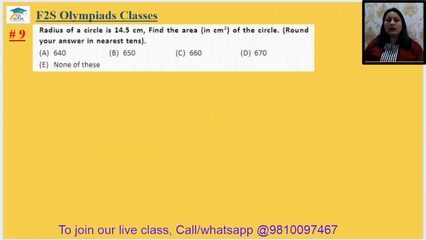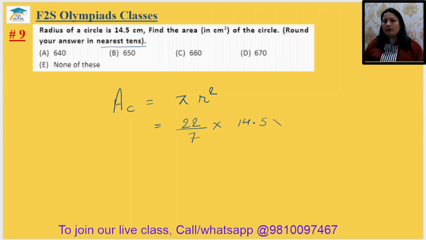Question number 9. Radius of a circle is 14.5 centimeter. Find the area in centimeter square of the circle. Round your answer to the nearest tens. We know that area of a circle equals pi r square. Here radius is given. Pi is 22 upon 7 multiply by 14.5 multiply by 14.5.